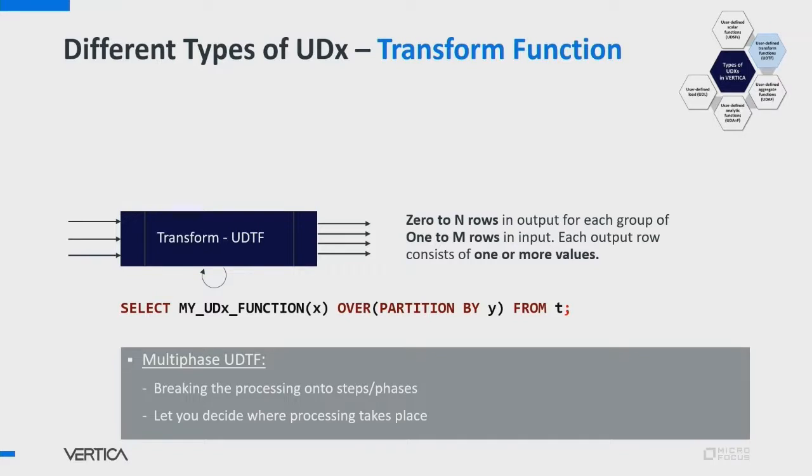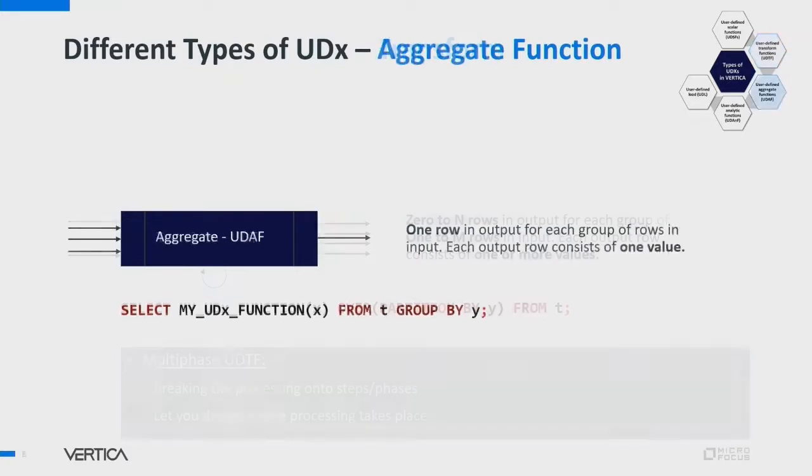Also, multi-phase user-defined transform functions allow you to decide whether the processing should occur locally on each node or throughout the whole cluster. Each phase of the user-defined transform function is the same as a traditional single-phase user-defined transform function. It receives a table as an input and generates a table as an output.